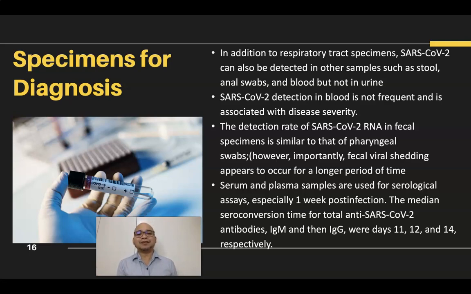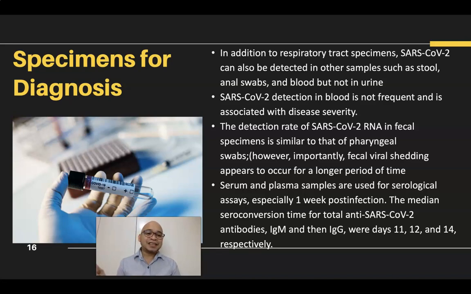Serum and plasma samples are used for serological assays, meaning if you want to do antibody testing, that's the time you have to use serum and plasma, especially 1 week post-infection. The median seroconversion time for total anti-SARS-CoV-2 antibodies, IgM and IgG, would be 11 days, 12 days, and 14 days respectively.